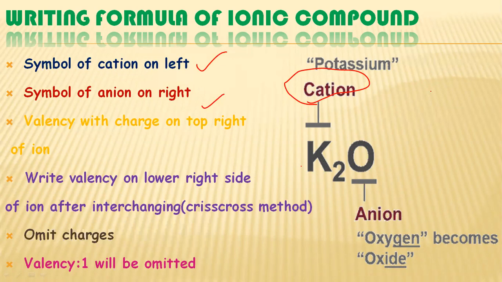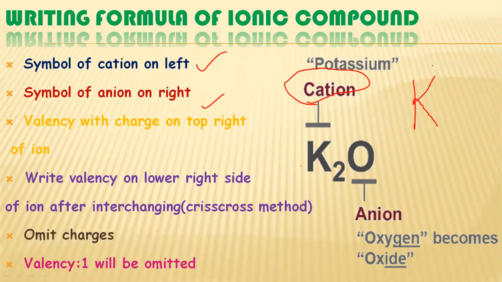You can see the table which we have seen in the previous topic on valency and ions. Now I write valency on lower right side like a subscript of ion after interchanging in the crisscross way. Here it's not written, but I write here for your convenience and understanding.